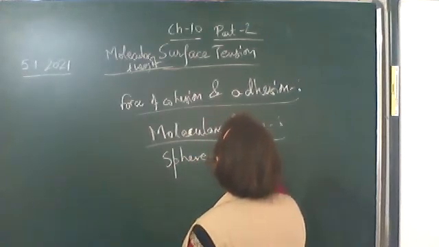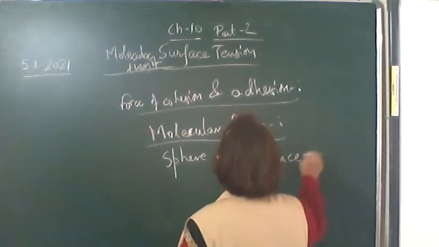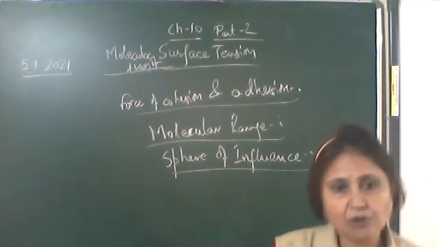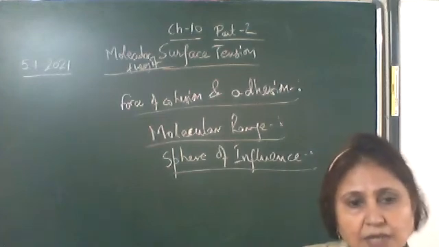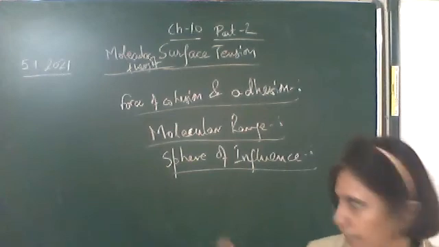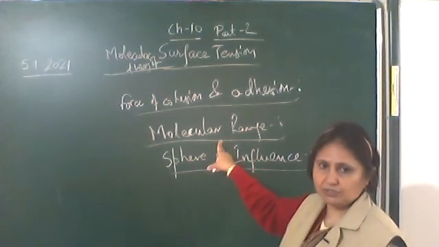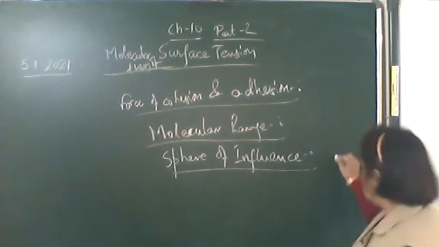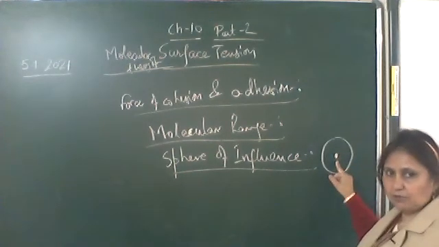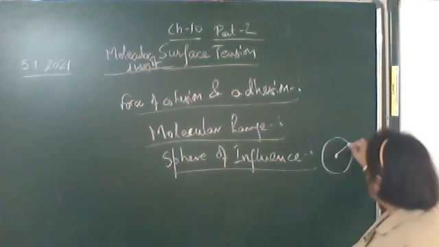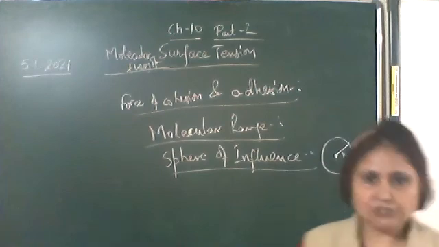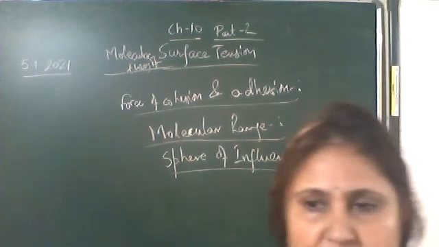Next is sphere of influence. If we draw a sphere around a molecule, keeping the molecule at the center, whose radius is equal to the molecular range, this sphere is called as the sphere of influence.